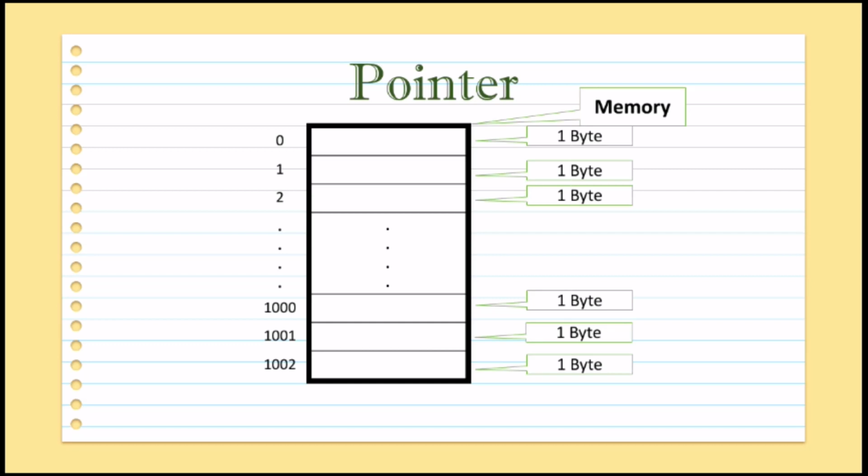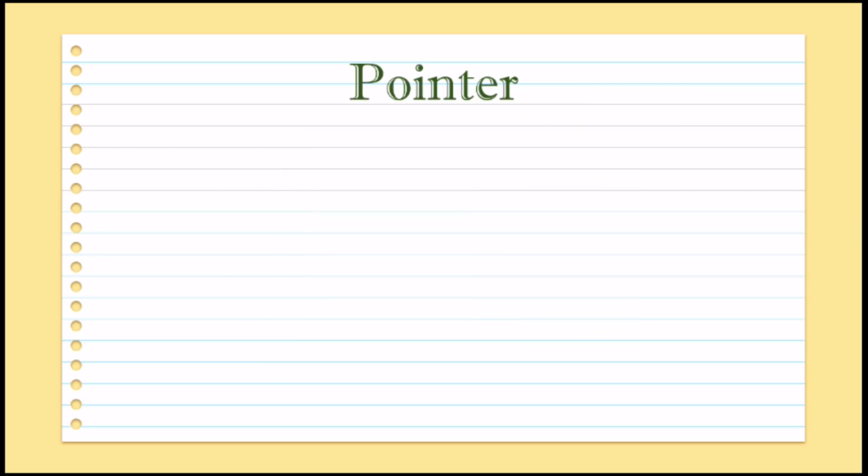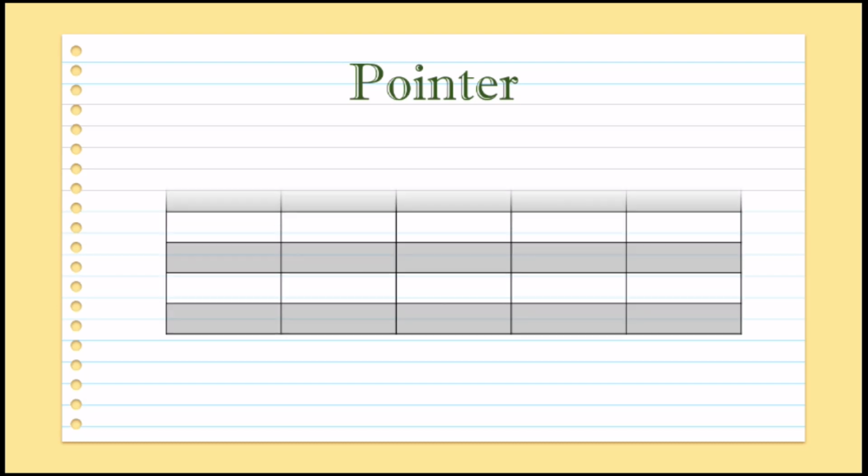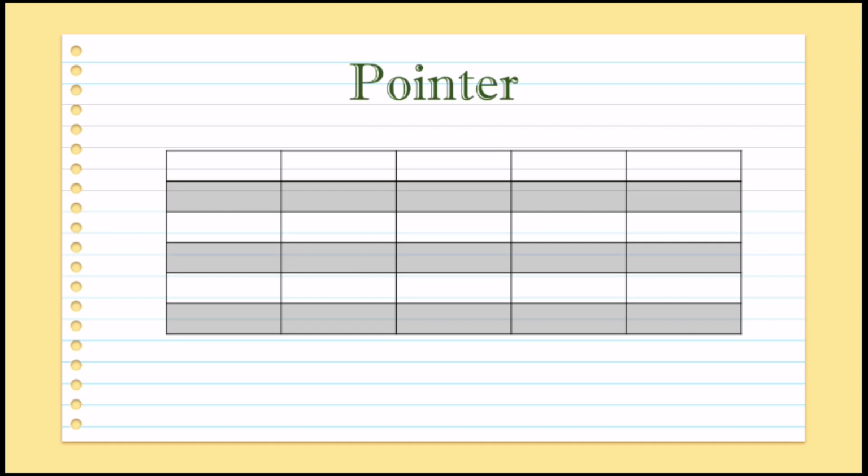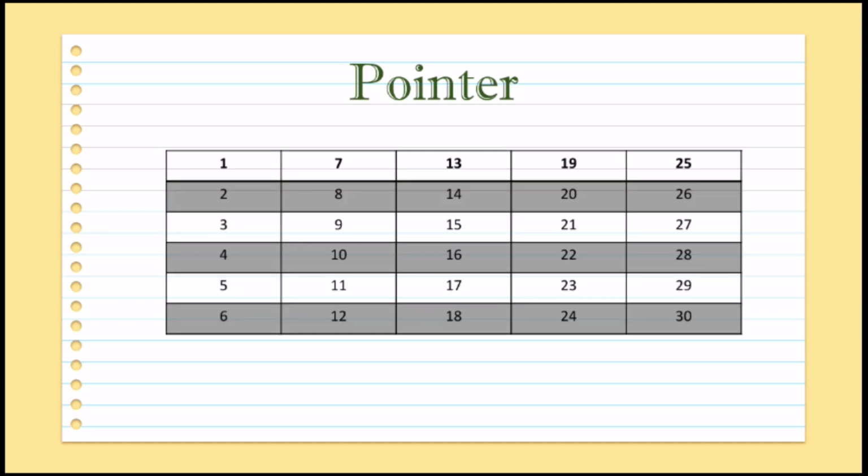We will take one example and we will see what is pointer. Suppose in exam hall there are 30 benches and on each bench there will be a unique roll number written. So according to roll number, on each bench there will be only one student.